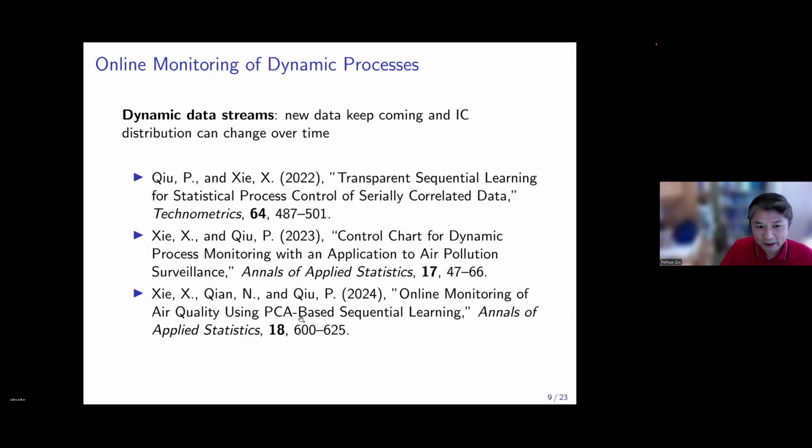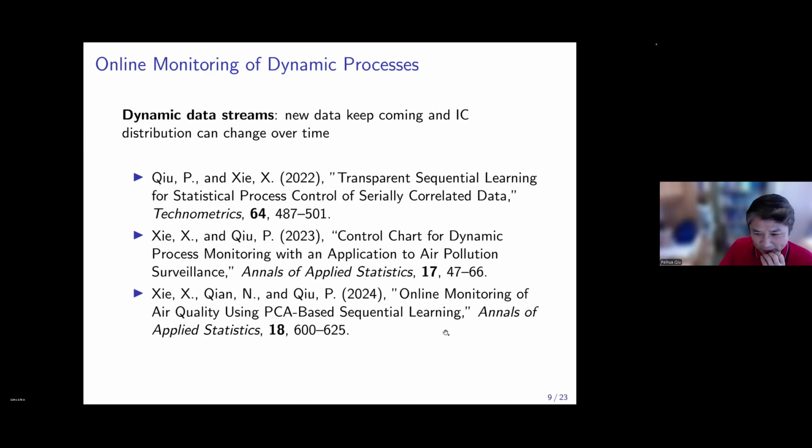The first paper, published in Technometrics two years ago, suggested a concept called transparent sequential learning for monitoring processes with correlated data. The second paper, published in Annals of Applied Statistics, is for monitoring dynamic processes with application to air pollution surveillance.